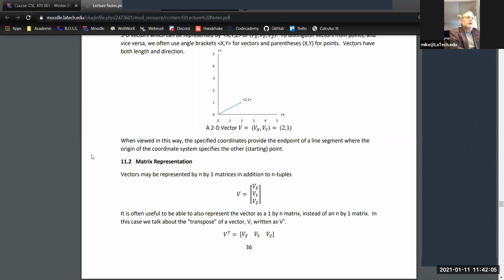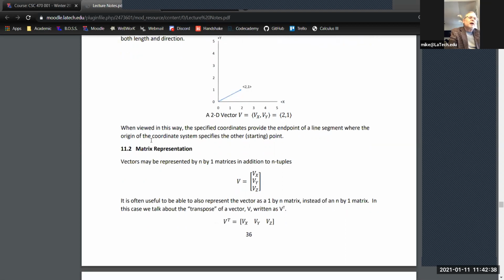Either way works. Usually it's specified as a column vector. If you want a row vector, it would be the transpose, and that's why you'll often see a little t as a superscript. That means take that thing and rotate it onto its side. It doesn't change the values at all. Sometimes we want to do our math with it as a row, and sometimes as a column. We're free to do it either way.